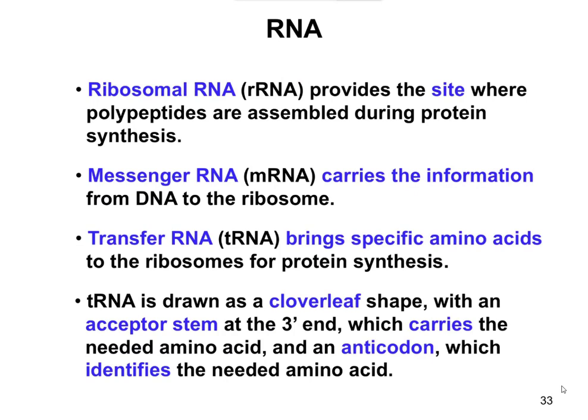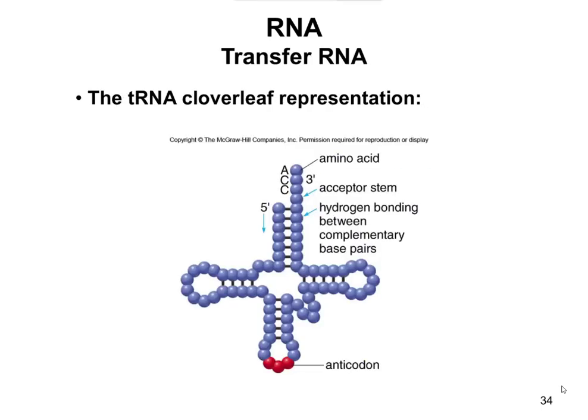Okay, so I mentioned most of these things on the previous slide. The tRNA is typically drawn as this cloverleaf shape, so it almost looks like a clover, and there's a picture of it here where you can see the different features of it. Now, the most important part of a tRNA is probably this anticodon down here.